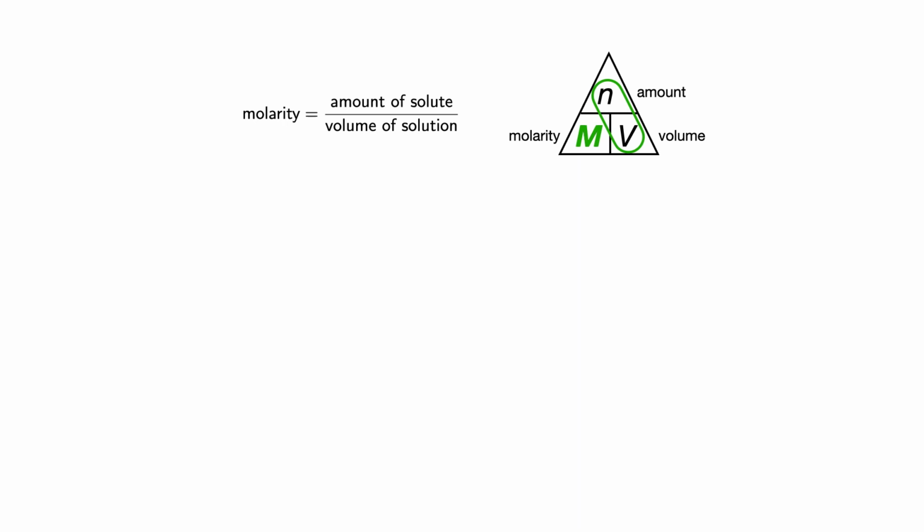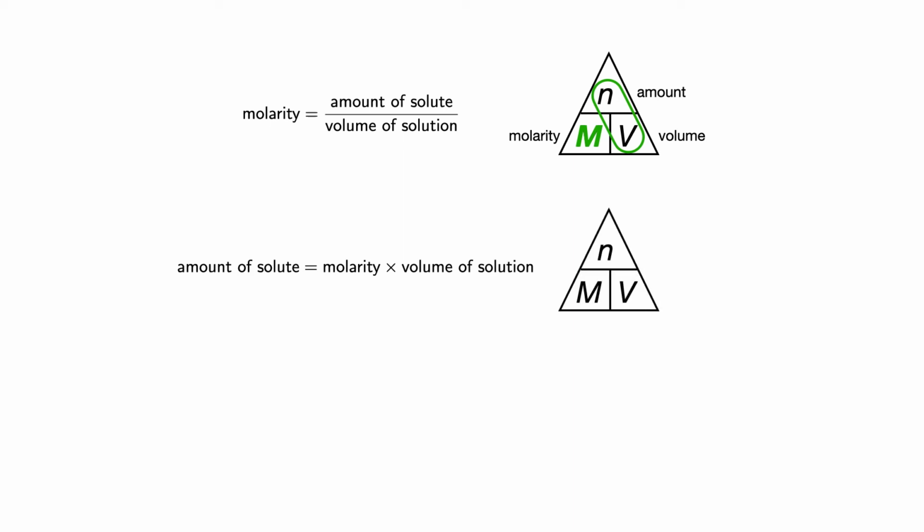Similarly, we've seen that if we want to find the amount of solute, we will multiply molarity times the volume of solution. So again, taking our little triangle mnemonic, if we want to find the amount, that's N, we would multiply the molarity M by the volume V. So N is equal to M times V. The third example that we looked at was that if we want to find the volume of solution, we would take the amount of solute and divide by the molarity.